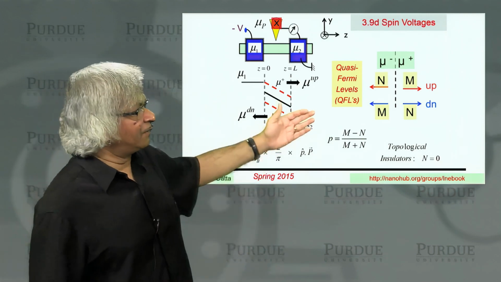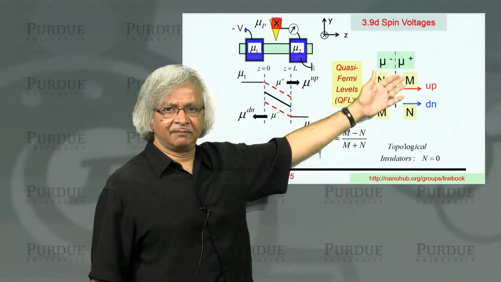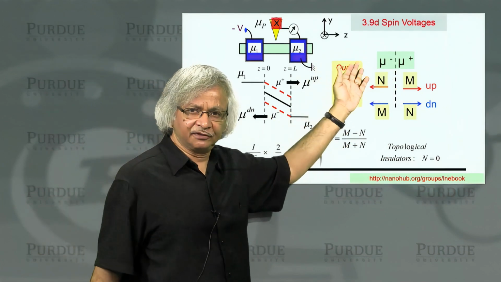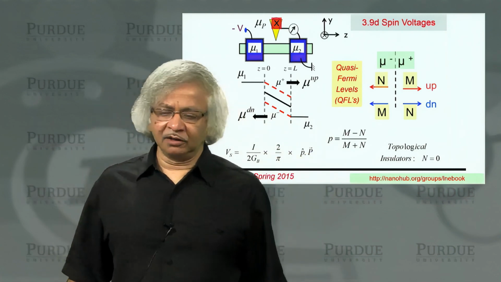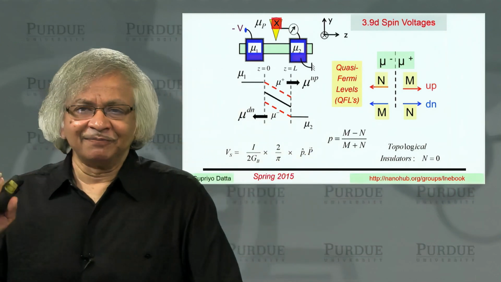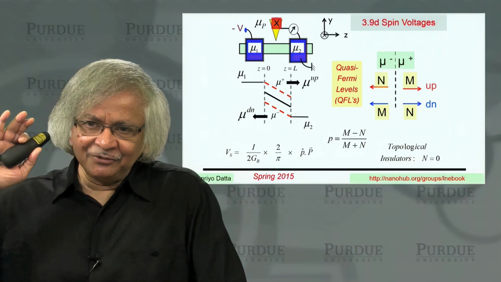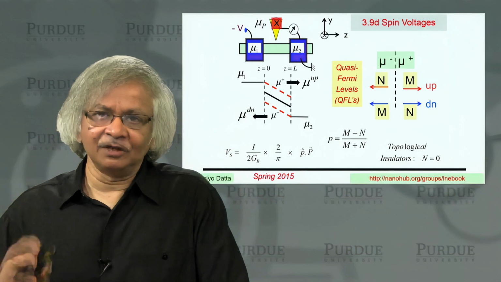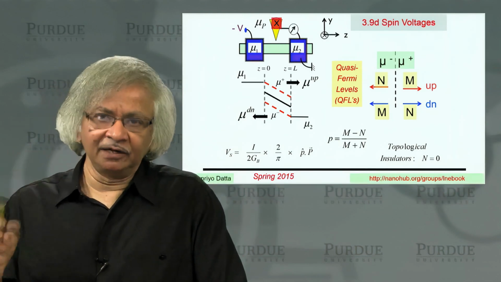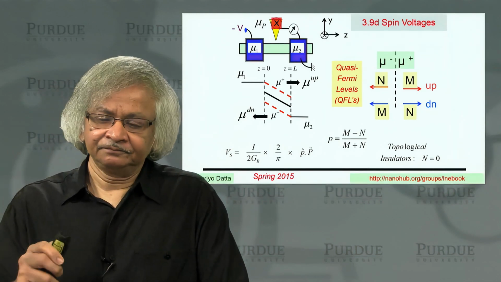So you'd have this rich physics coming out of different types of quasi-Fermi levels. And in order to understand all that, it is really important to get beyond this mindset of using electrostatic potentials to understand current flow. It is really these quasi-Fermi levels that are more fundamental and more central.